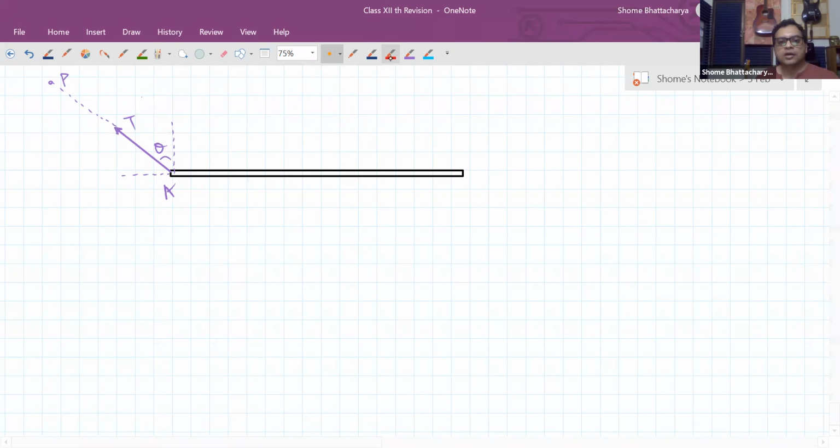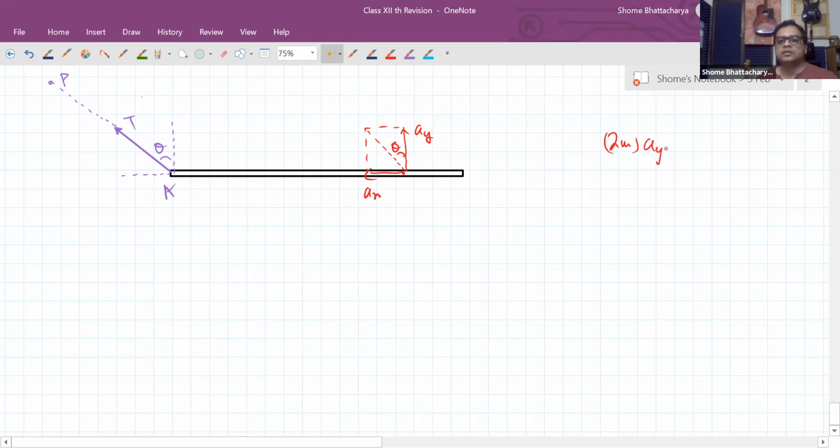So now we can be sure about one thing, that the center of mass's acceleration will be like this. It will have Ay and Ax such that this will be the same theta.